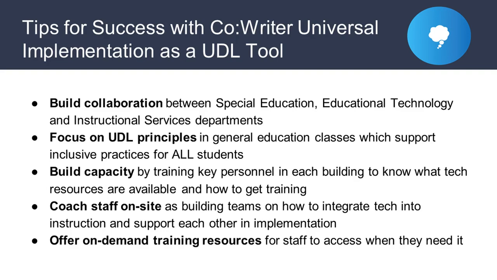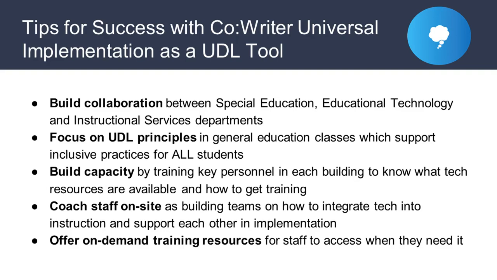So how did we get there, and how do you move toward a model like that? Not everyone can get there, but it happened with this building of collaboration between special ed, educational technology, and instructional services, so everyone can see the benefit, and that there's a broad audience of students that can really benefit from this tool, not just students on an IEP.